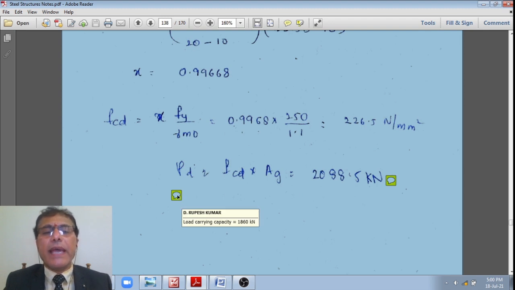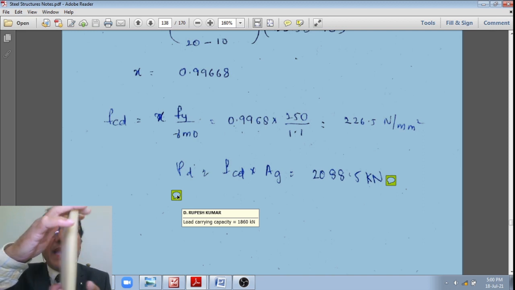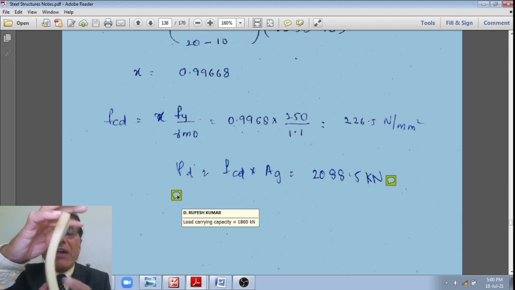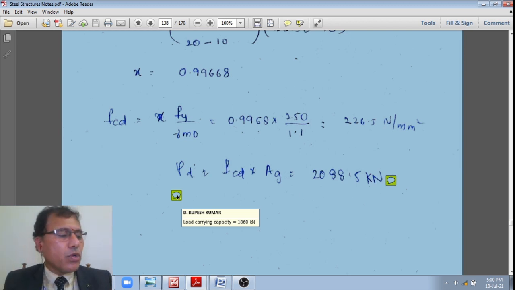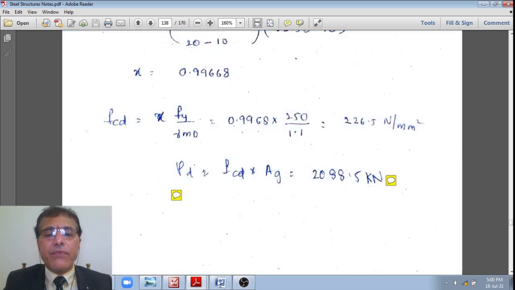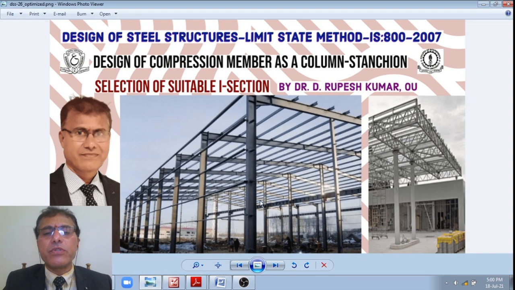Therefore, the load carrying capacity about the minor axis, or the weak axis of buckling, is 1860 kilonewton for this given column. Let me show this column. This is how the column is given, student.